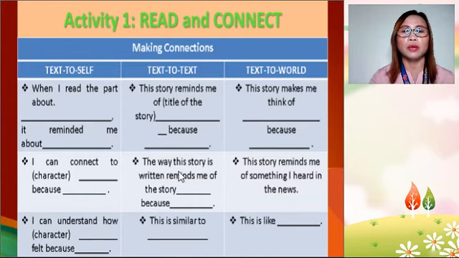Next, the way this story is written reminds me of the story blank because blank. Next, this is similar to blank. Okay, for text to world: this story makes me think of blank because of blank. This story reminds me of something I heard in the news. This is like blank. That is for activity 1.